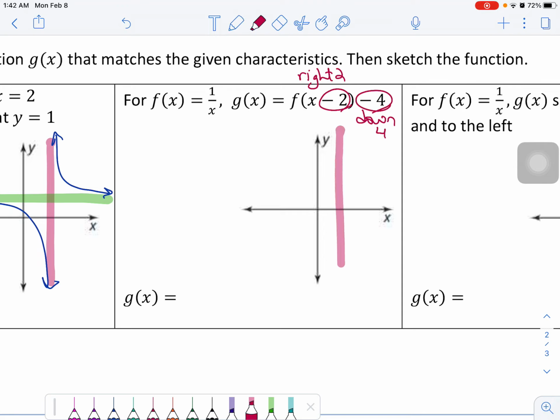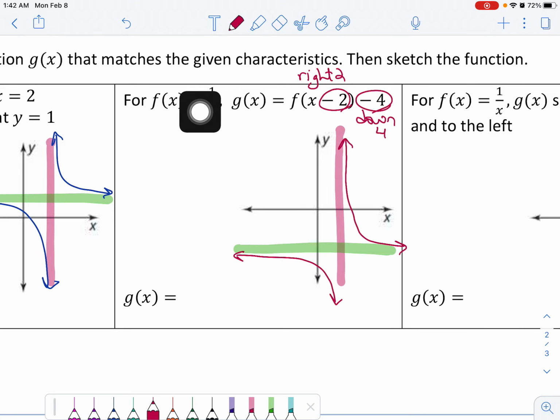So my vertical asymptote moves to the right 2, horizontal asymptote is moving down 4. So that curve is going to look something, let me try that again. I need to be a little bit closer to that asymptote. Curve in, there we go. Follow and curve.